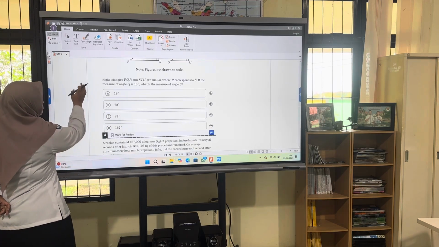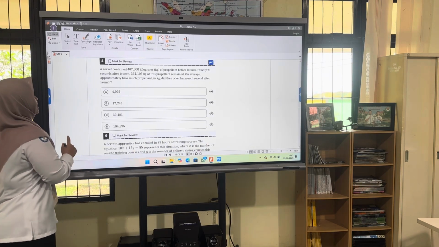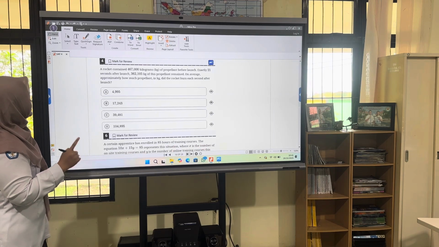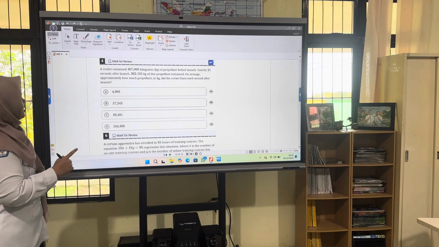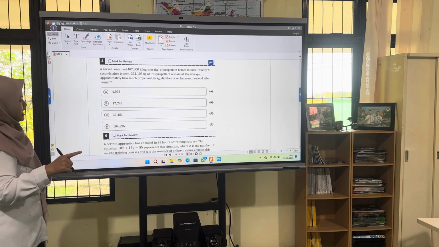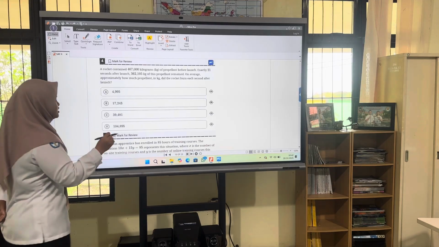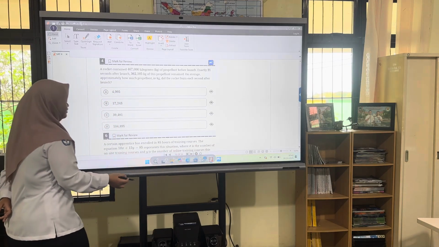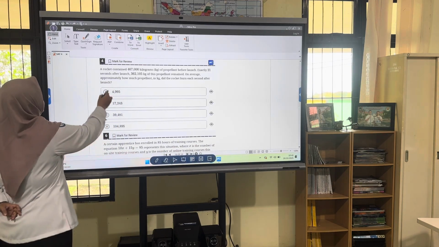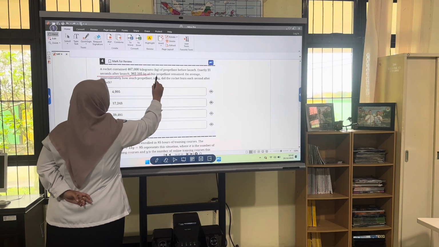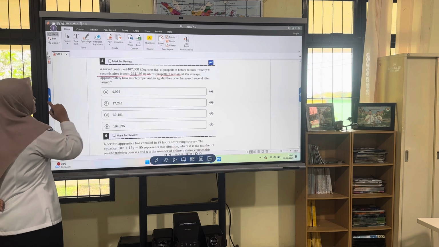For the next number, number 4, a rocket contains 467,000 kilograms of propellant before launch. Before launch means the beginning, or zero. From this information, exactly after 20 seconds, this much propellant remains.